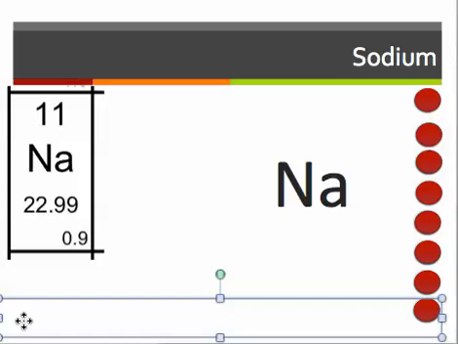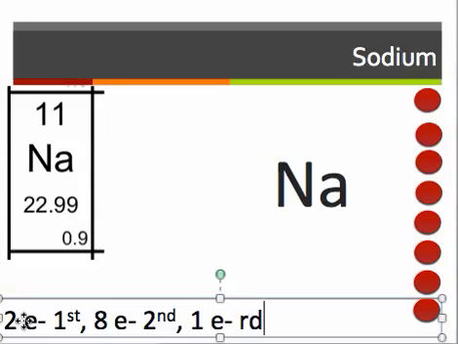Because again, remember the electron configuration for sodium was we had 2 electrons in the first shell. We had 8 electrons in the second shell, and that left 1 electron in the third shell.